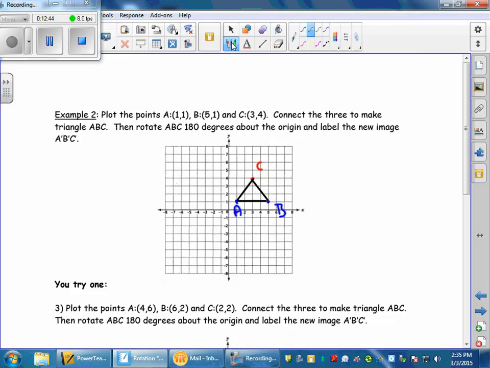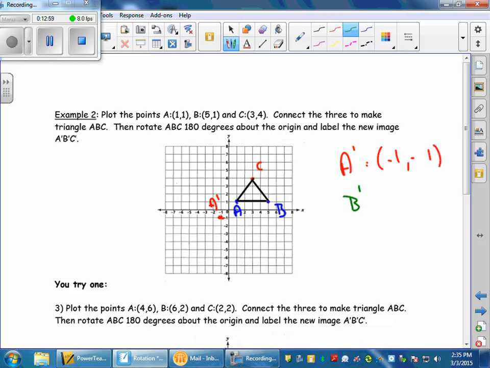So A prime is just going to be negative 1, comma negative 1. B prime is just going to be negative 5, comma negative 1.